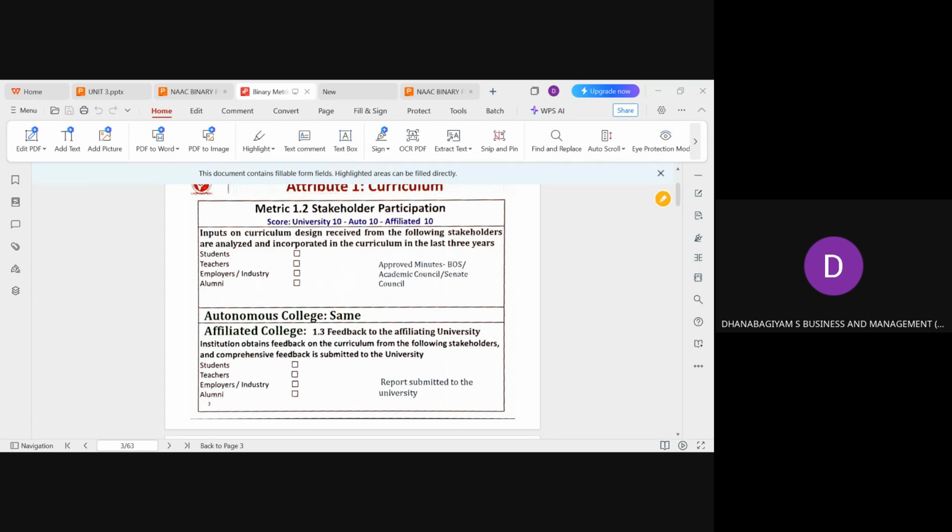The gap can be easily filled when you take more and more feedback. We can even put alumni and industry experts in our BOS committee, ask for their contribution to the syllabus or the courses we are building, and get their inputs, then design the curriculum.